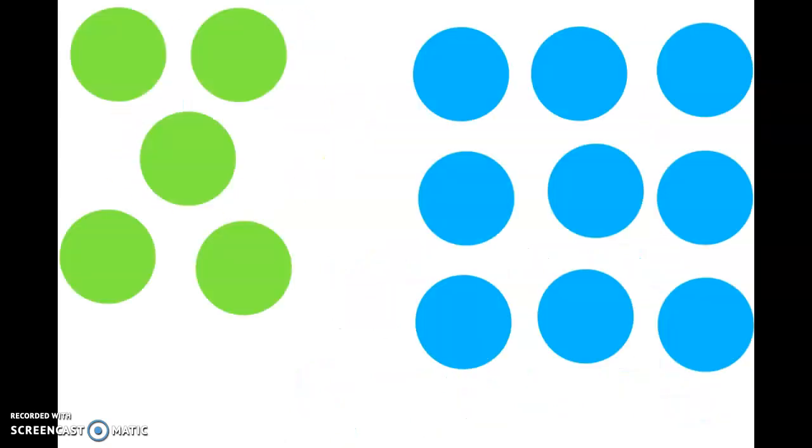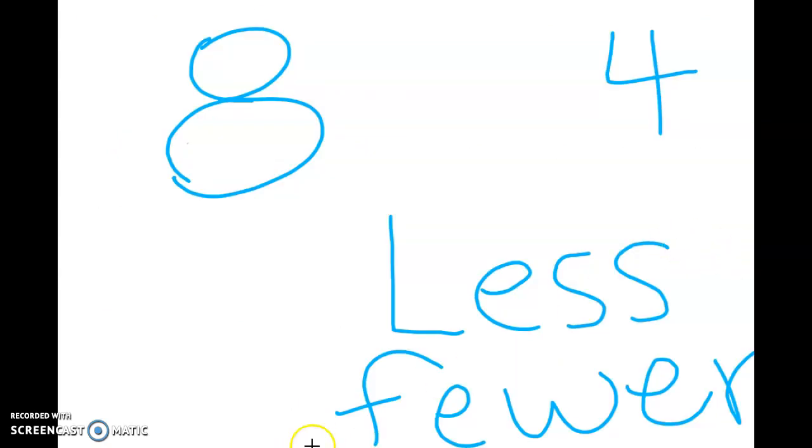All right, we have a few more to do. This time, I have 8 and 4. I want to know which one is less or fewer. Which number is less or fewer? Yell it out. 4. 4 is less or fewer than 8.